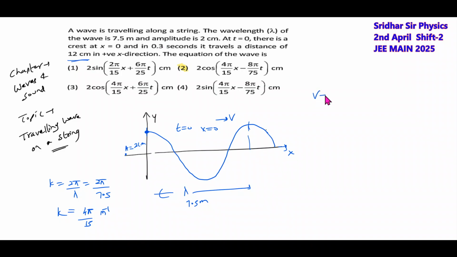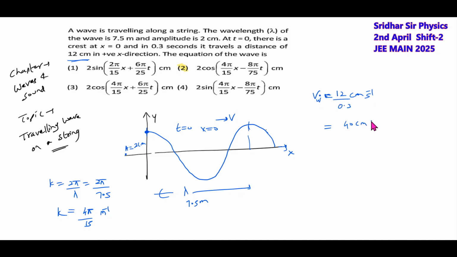We'll get the wave speed. What is the expression for wave speed? It will be distance covered in time. This will be 12 by 0.3, in centimeter per second, or 40 centimeter per second. This will be the wave speed.